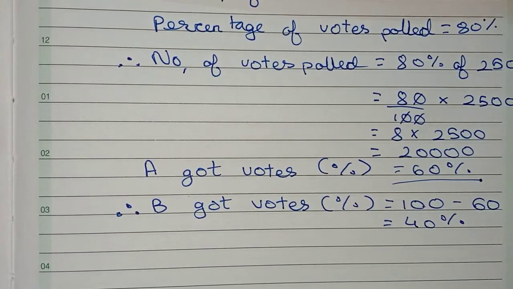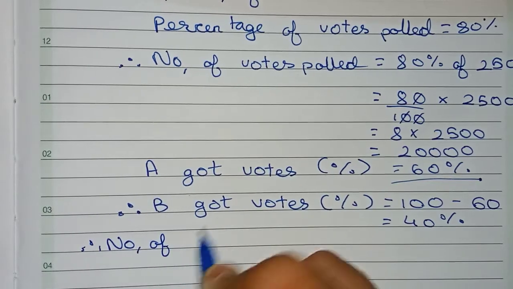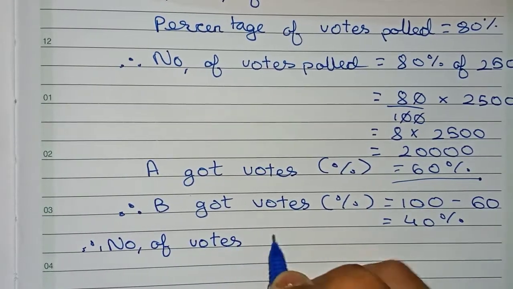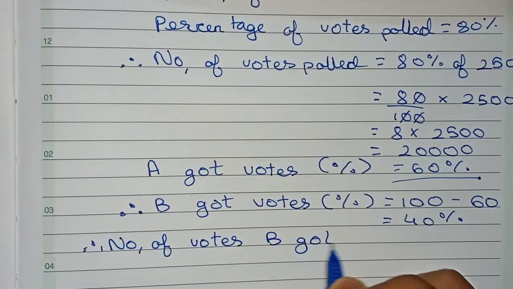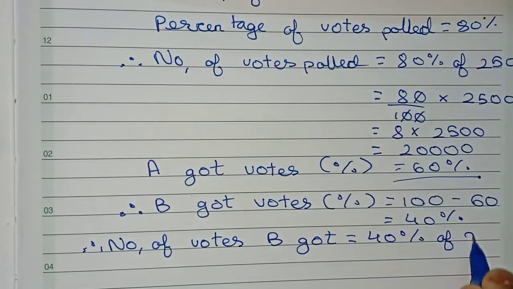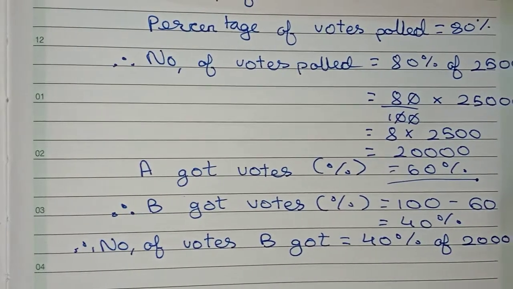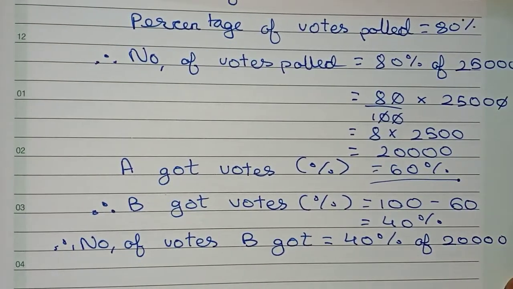Now we have to find out how many votes B got. So write the number of votes B got equals 40% of 20,000. You cannot write 25,000 here because 20% of people did not vote. So out of 20,000 only, you have to find how many votes B got.